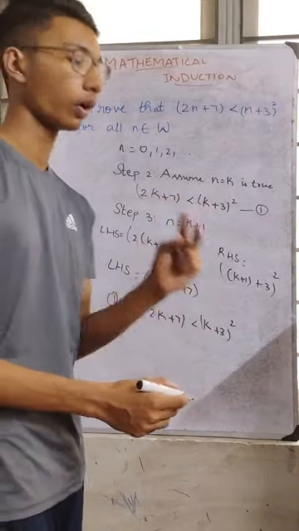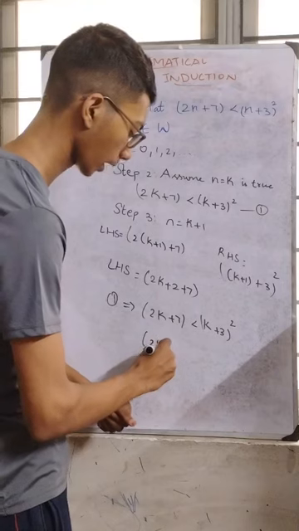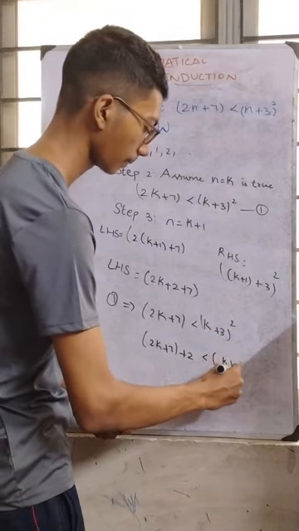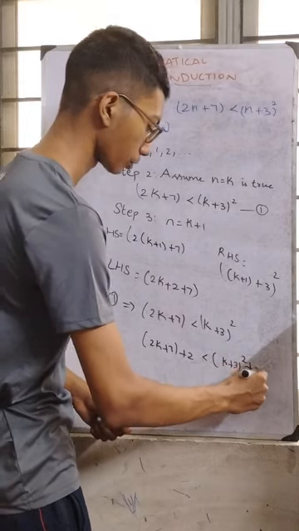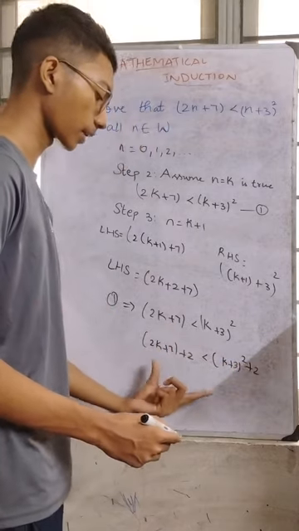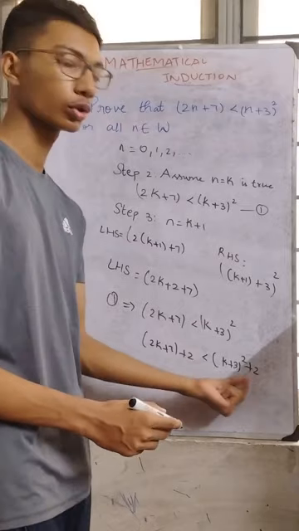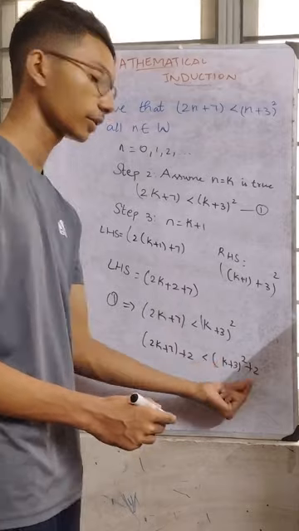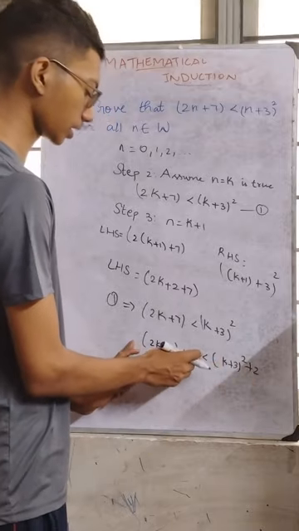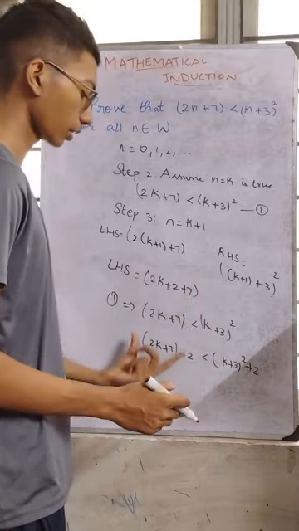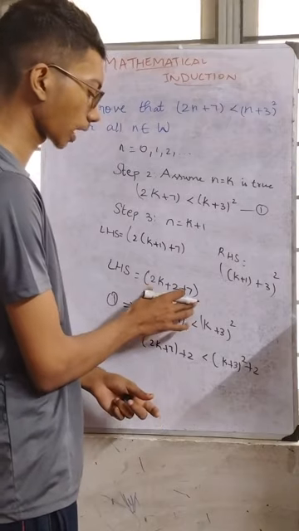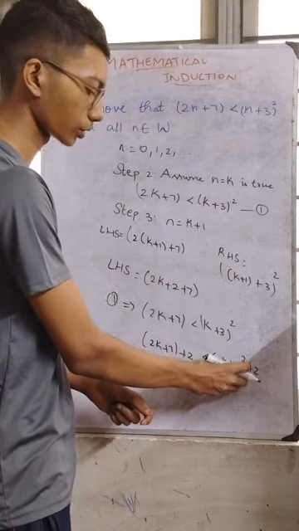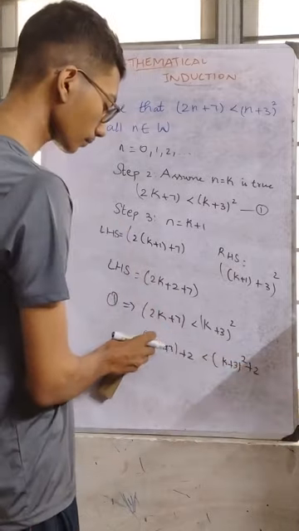If we add 2 on both sides, 2k plus 7 plus 2 is less than (k plus 3) the whole square plus 2. The inequality stays the same because we are adding to both sides. So we can say 2k plus 2 plus 7 is less than (k plus 3) the whole square plus 2.